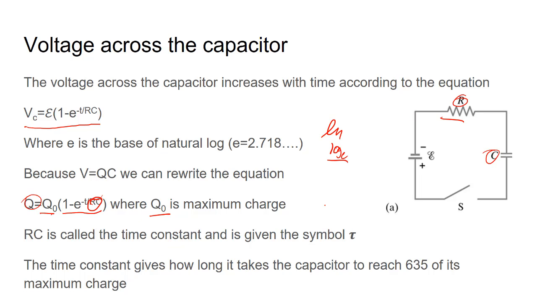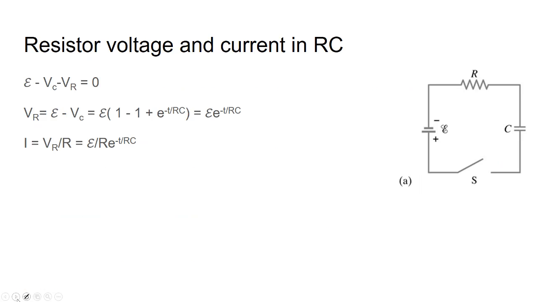So this should say 63% of its maximum charge. The time constant gives how long it takes the capacitor to reach 63% of its maximum charge. We will work an example problem on that in a different video.